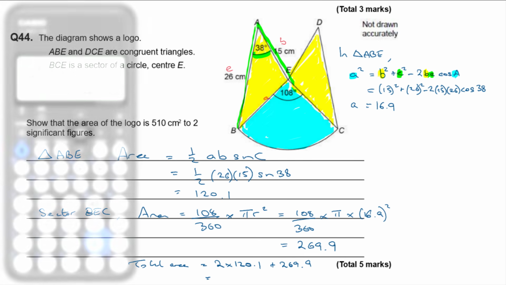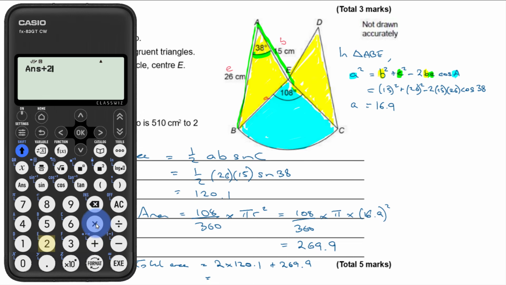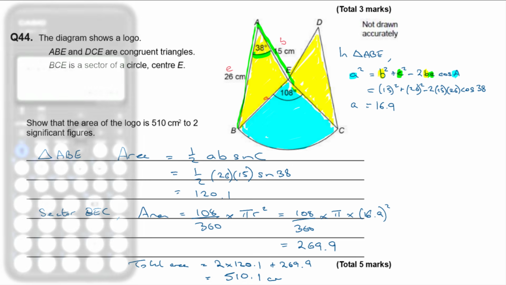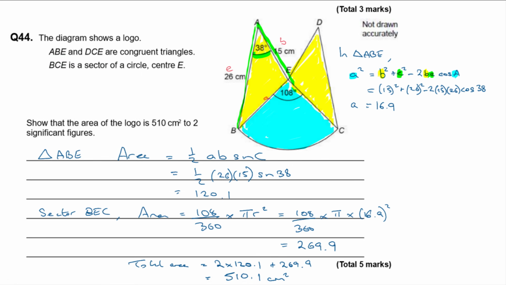Adding on 2 times 120.1, that comes out to be 510.1, and that's going to be in centimeters squared, isn't it? The question says show that the area of the logo is 510 centimeters squared to 2 significant figures. So I can just say, yeah, that's roughly 510 then, isn't it? Okay, good. Good job. We did it.